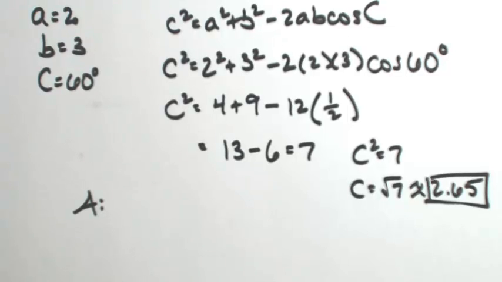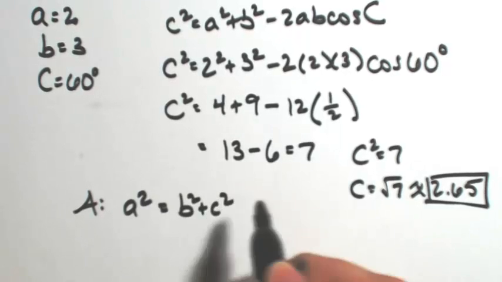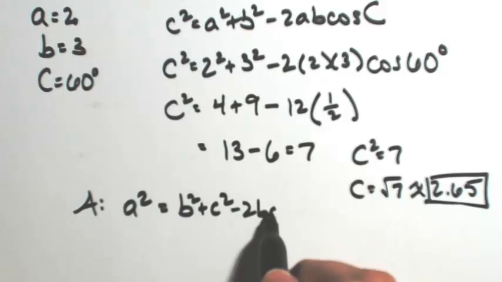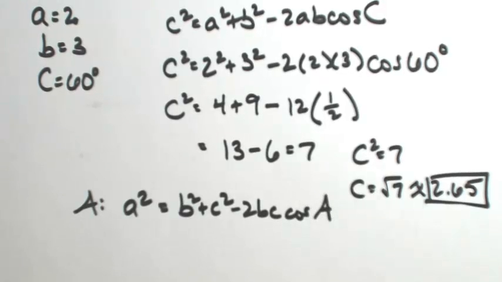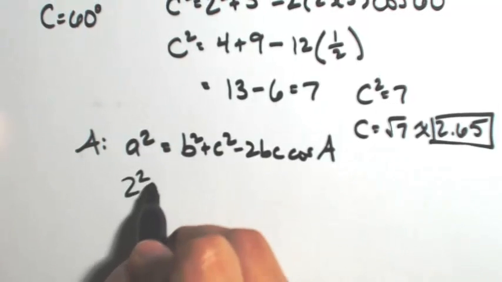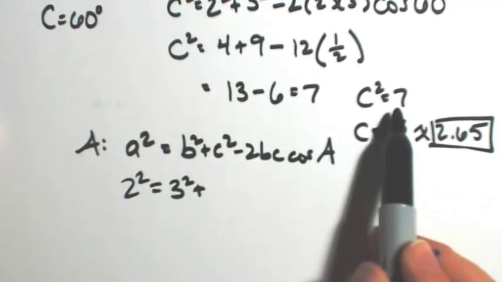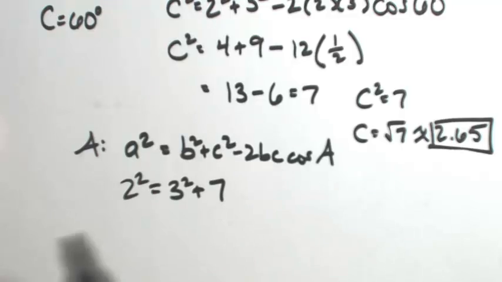So since I have angle A, I'm going to use the one involving side a. So side a squared equals b squared plus c squared minus 2bc cosine angle A. Okay, fill in everything you got. So a was 2, so 2 squared equals 3 squared plus c squared. We actually know that is exactly 7.